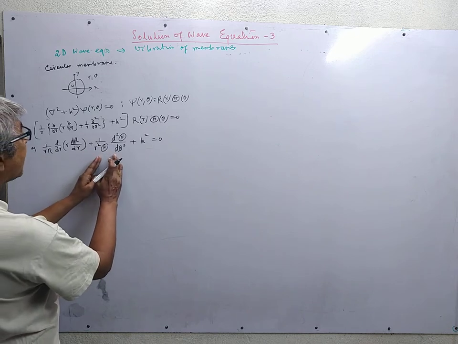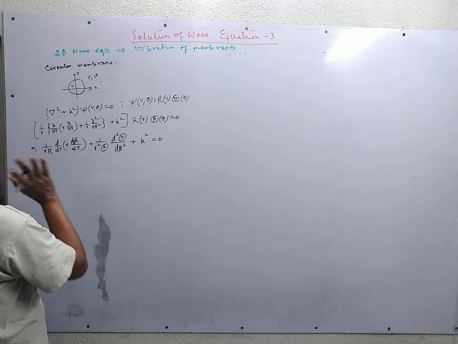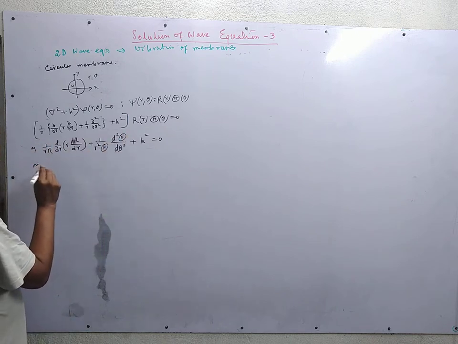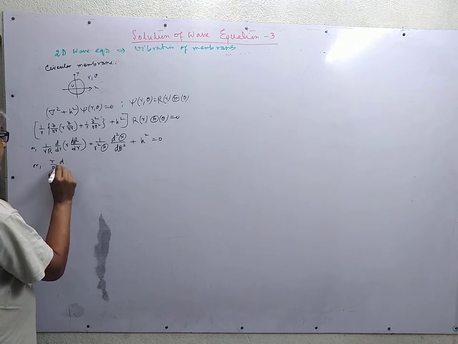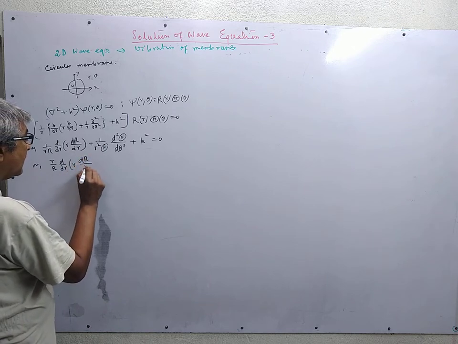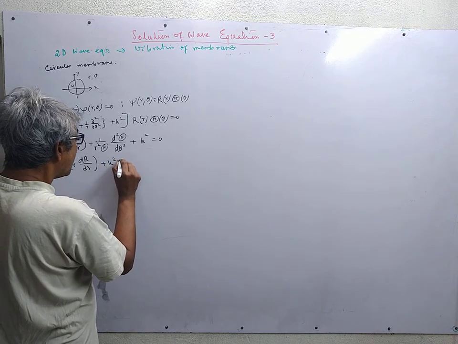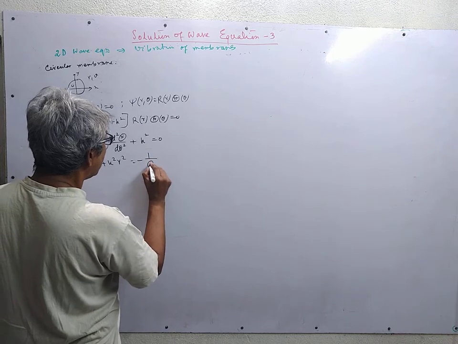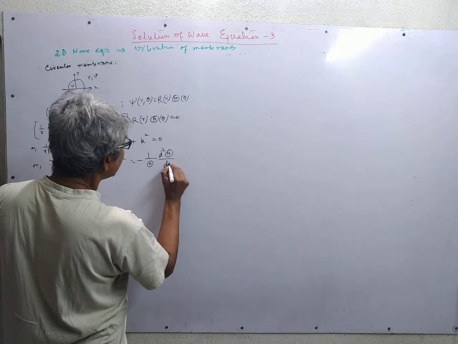We separate out the theta part from the rest. To separate out the theta part, we multiply the entire thing by r square, and we get r by capital R d/dr of r dR/dr plus k square r square is equal to minus 1 by big Theta d2 big Theta d theta 2.